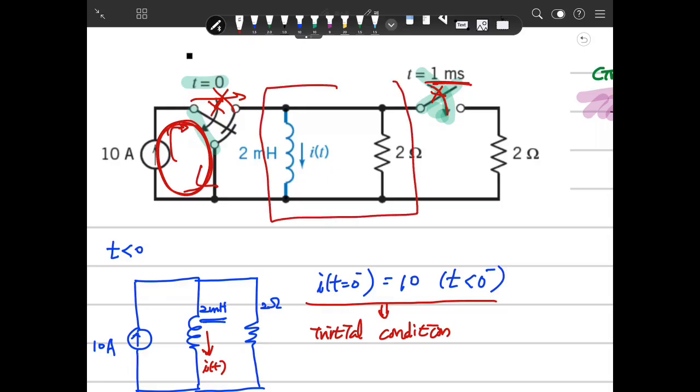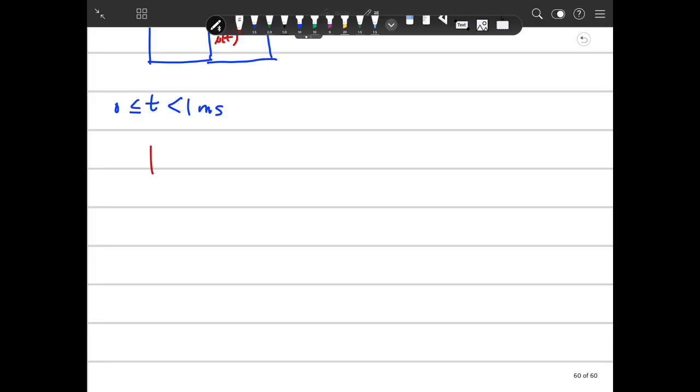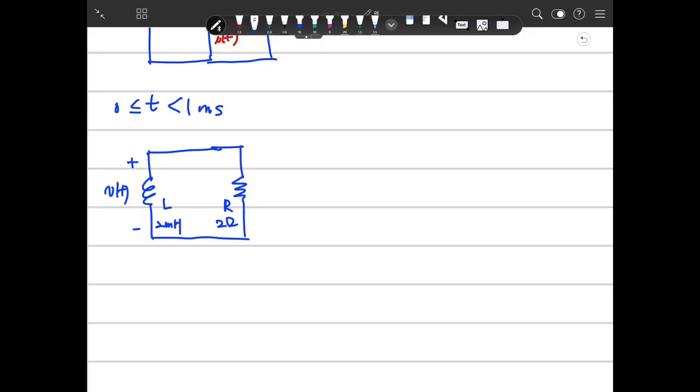So the only remaining circuit is connected here. For this time we need the inductor and resistor here. So this is L and this is R. L is 2 millihenry, R is 2 ohm. So there is a v(t), and this is iL(t).